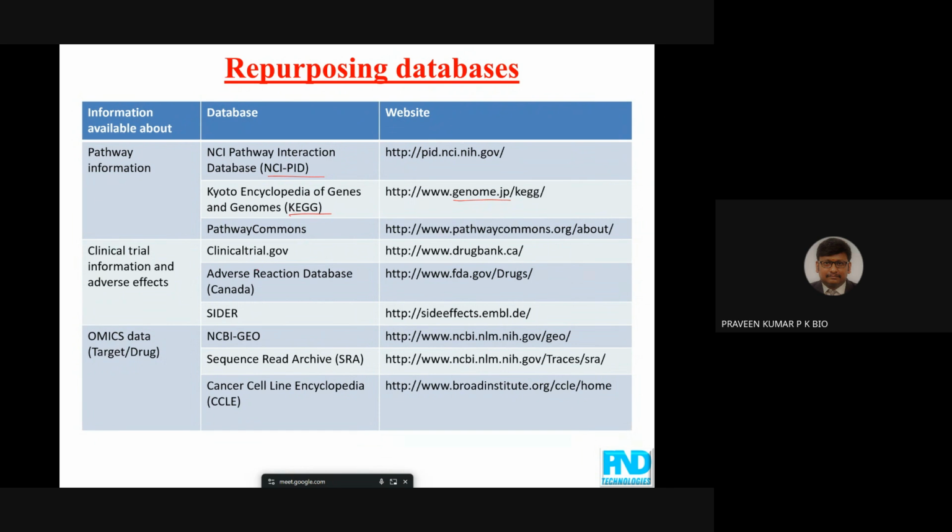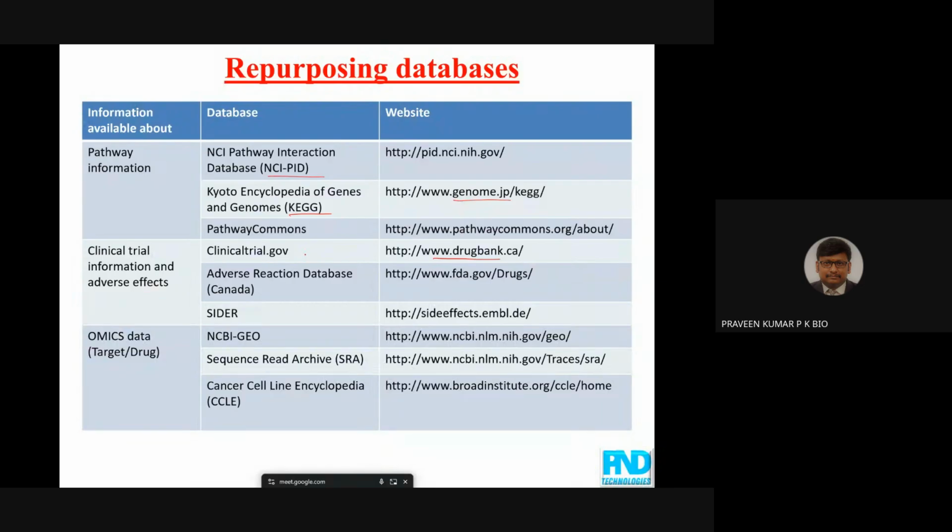Clinical trial information and adverse effects: clinicaltrials.gov. If you want to work on clinical trials, the most important website is clinicaltrials.gov. Of course, we also have clinical trials present in NCBI itself. This is not exclusive, but clinicaltrials.gov is something different.